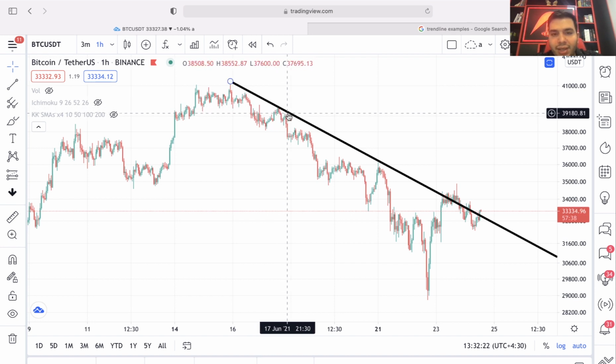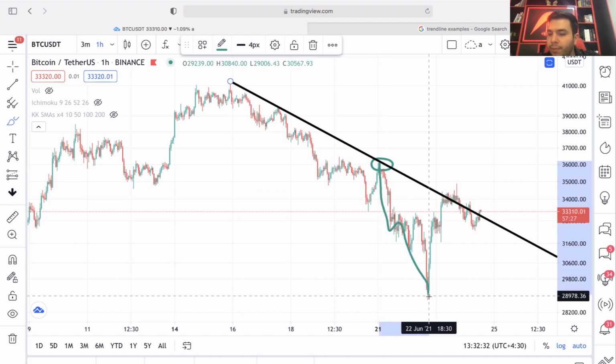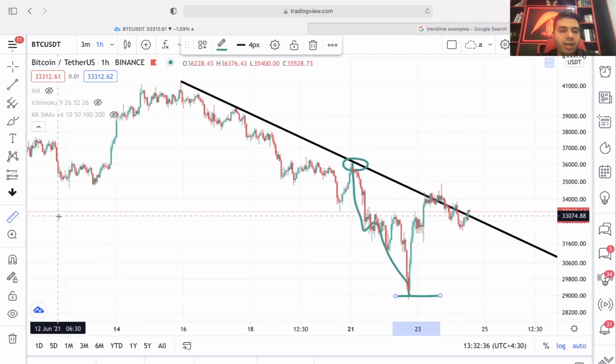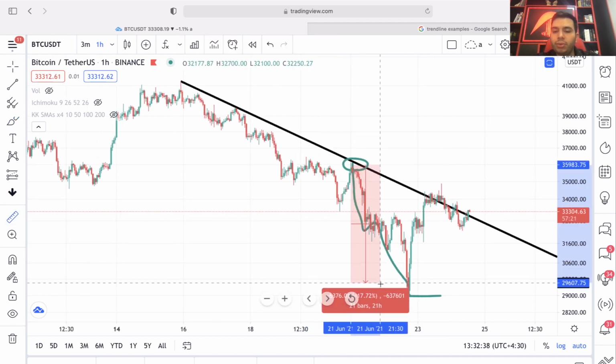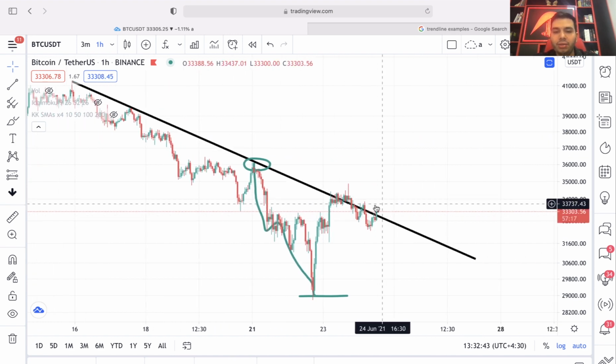I'm going to extend this line into the future, and we could take a short position on Bitcoin here at the 36k level, and Bitcoin price has fallen down to the 29k level. Okay, it's a big drop. You could make a lot of profit from short positions, but we can actually buy the breakout.